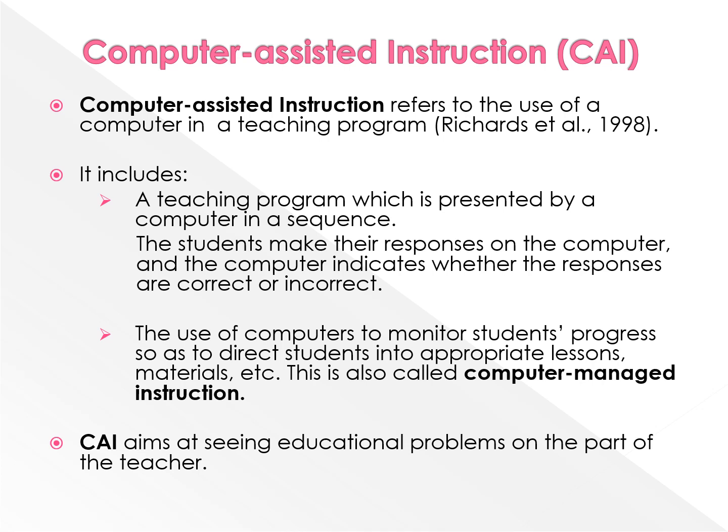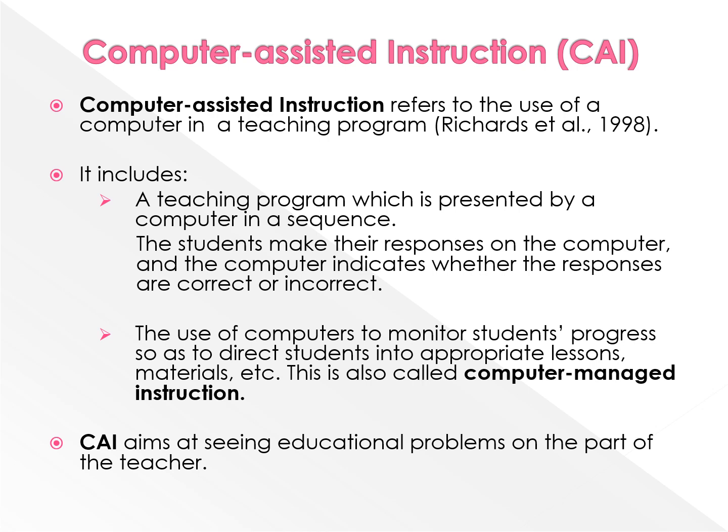Before we come to CALL, there is the first iteration of computer-assisted instruction, which is called CAI. Computer-assisted instruction, or CAI, refers to the use of a computer in a teaching program, according to Richards et al. in 1998. So again, this is the very first generation of the involvement of computer in language teaching. CAI includes a teaching program which is presented by a computer in a sequence.